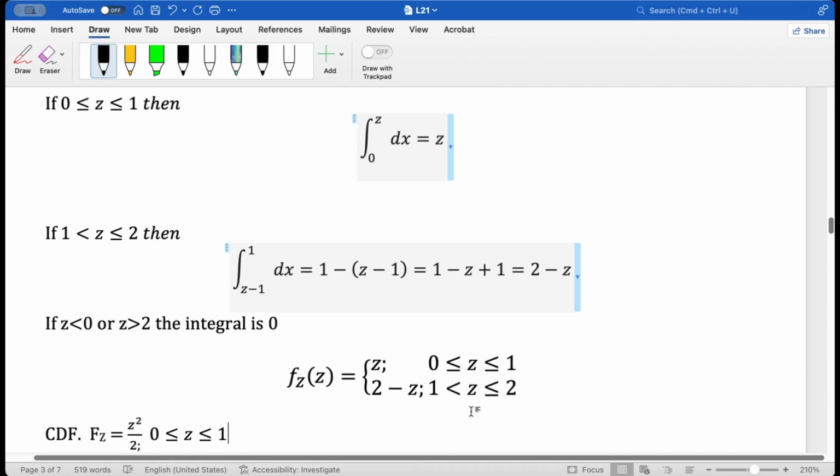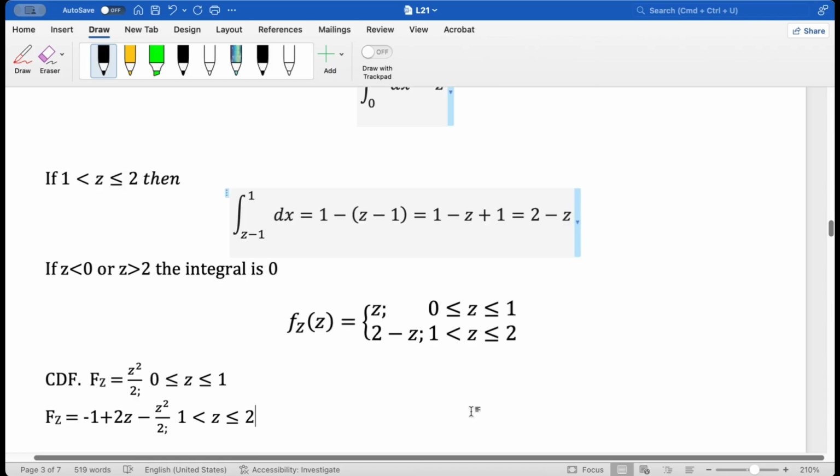If you wanted to see the cumulative distribution function here for the sum, you would integrate each piece. The integral of z is z squared over 2. The integral of 2 minus z is 2z minus z squared over 2. Now, there is an extra constant here. I'm going to let you fill this in. But remember that we're dealing with a running total here. The CDF is a running total, the cumulative distribution function.